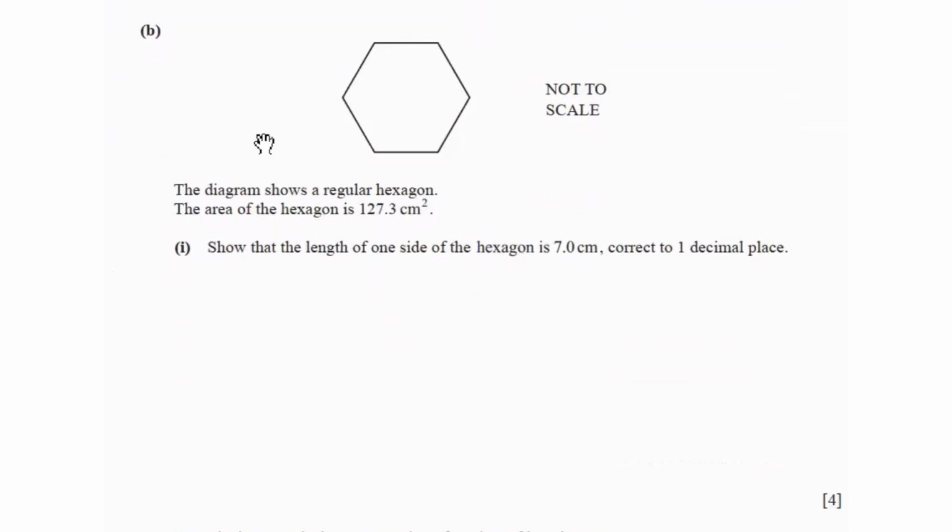Part B says the diagram shows a regular hexagon. The area of the hexagon is 127.3 centimeters squared. Show that the length of one side of the hexagon is 7 centimeters, correct to one decimal place. So first, I'm going to divide the regular hexagon into 6 identical triangles.